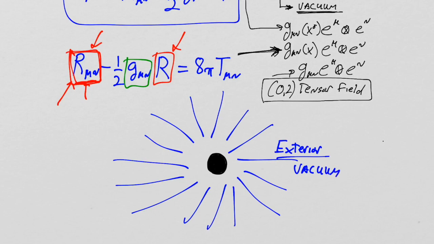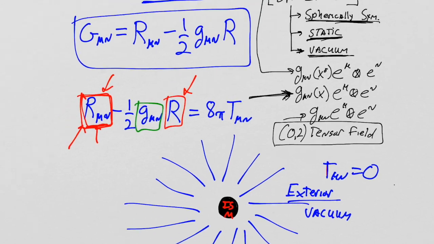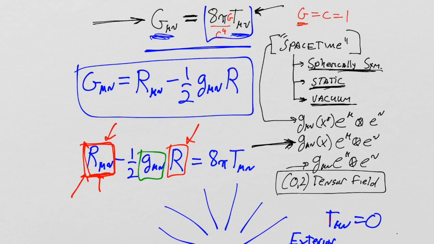Inside is the interior solution. The star has, say, mass m. That solution is different. The distinction between the two is that T mu nu in the vacuum is always 0. Remember, the right-hand side of the equation tells us all about the matter-energy distribution that we're dealing with.